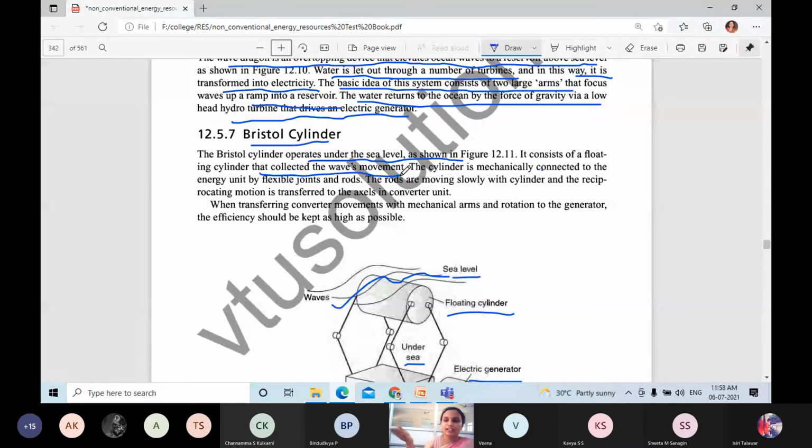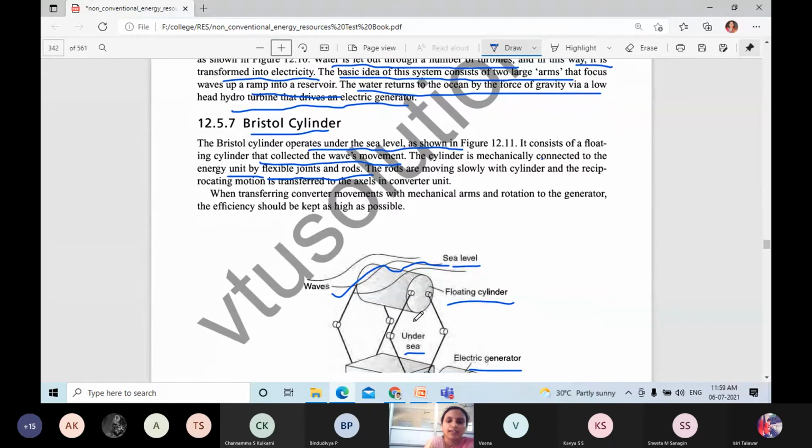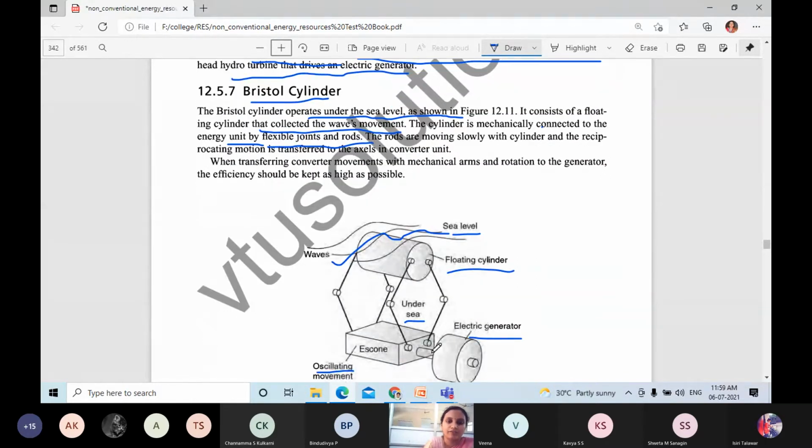If waves are coming, then it will rotate slightly. The cylinder is mechanically connected to the energy unit by flexible joints and rods. It is connected to the electric generator, or we can say the energy unit, using rods and joints.